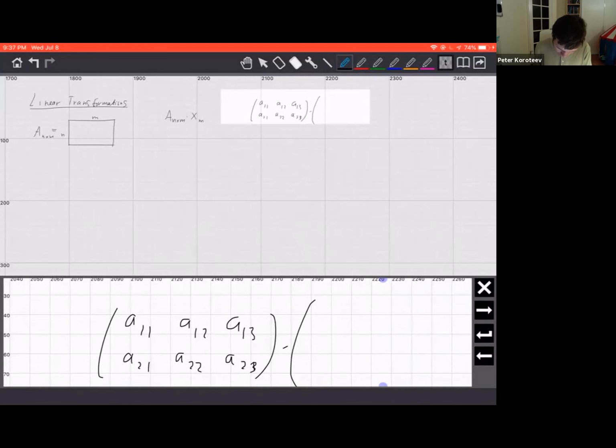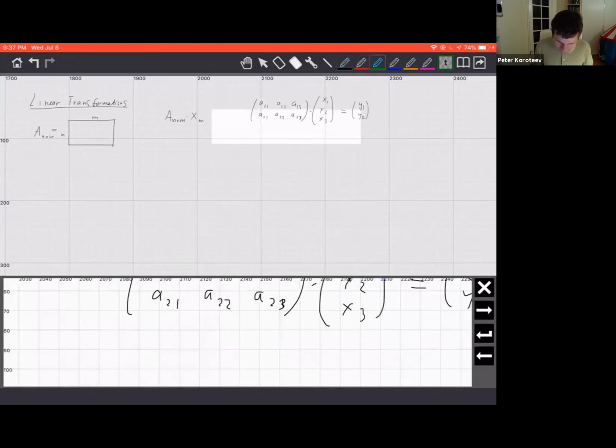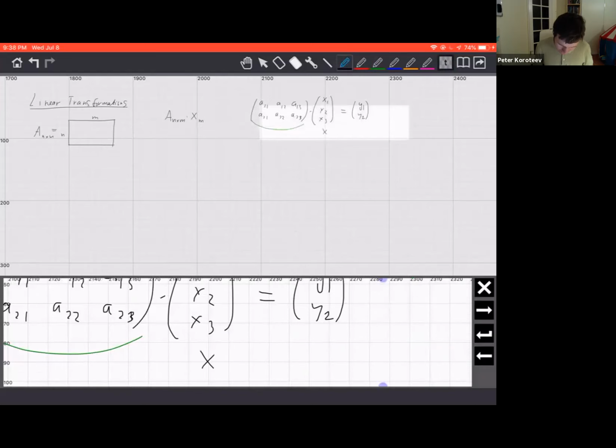We can multiply it by the vector x1, x2, x3, and that gives us a two-dimensional vector y1, y2. You can calculate what y1 and y2 are; it's basically a sum of those elements. Now let's think for a second what this operation represents. You start with this vector x, and this is vector y.